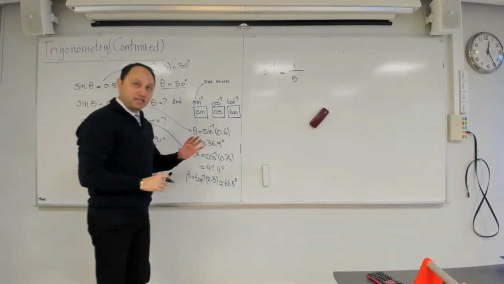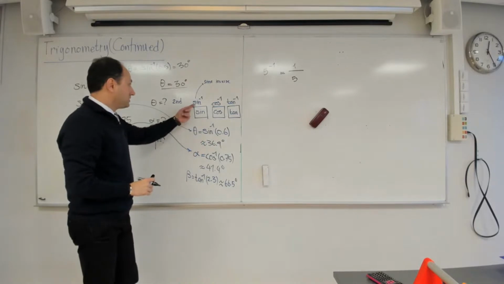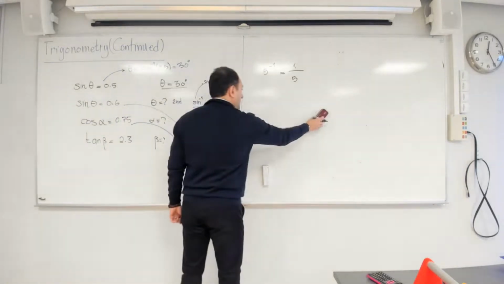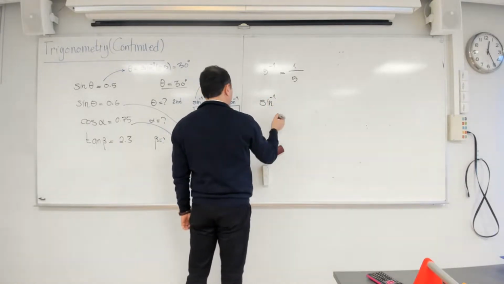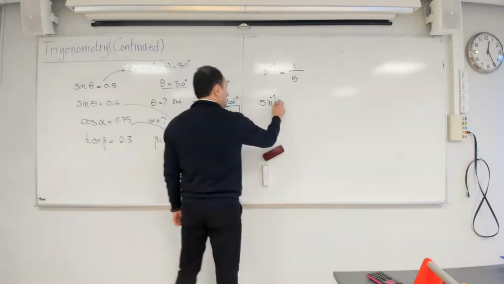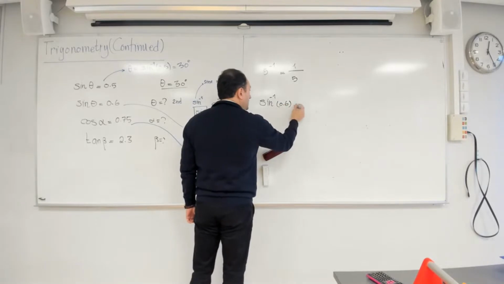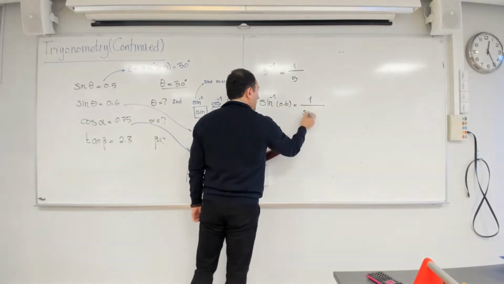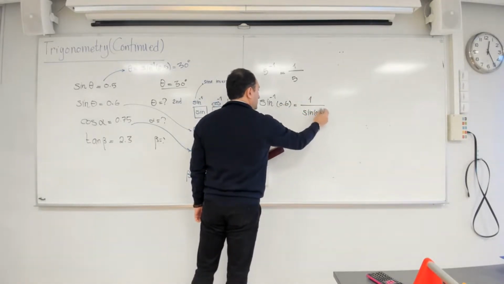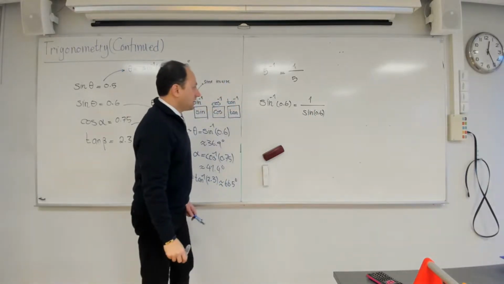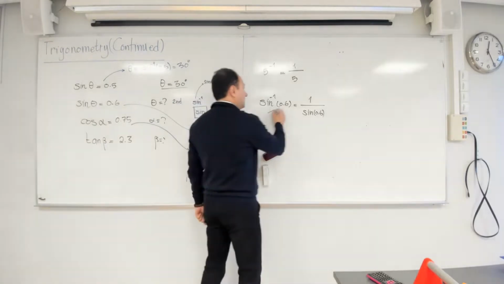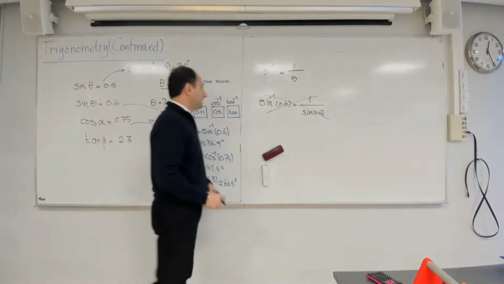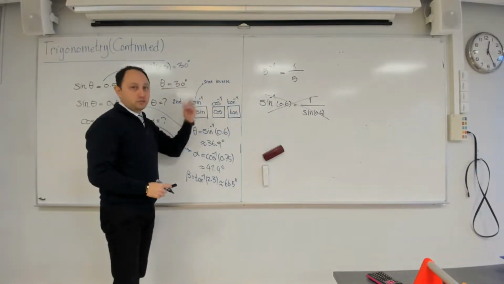This is why I'm saying that this is an unfortunate symbol, because you might think that sine inverse of 0.6 means 1 over sine 0.6. I would say you have a right to assume this, but this is not the case. So that's why I'm saying that this is not a very good symbol.